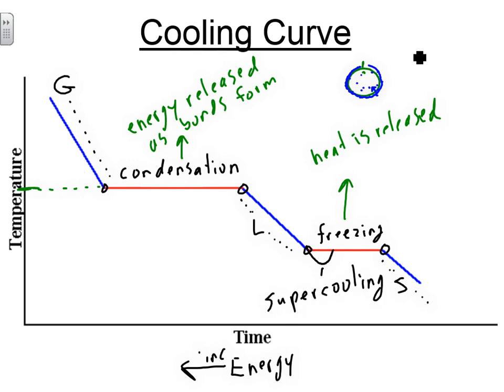If you cool water very slowly, you can do this in the freezer, you can actually get it to remain a liquid below its freezing point. This would be the freezing point of water, or of the substance. You can get it to go down 3, 4, 5 degrees Celsius even, and it will remain a liquid. And then when agitated, all of a sudden, it jumps up and freezes.